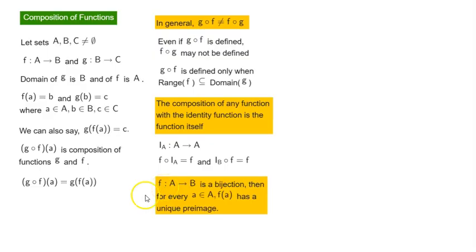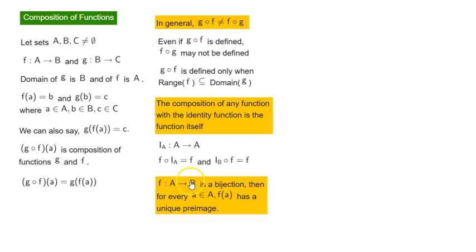Now if f maps A to B and is a bijection, then for every a in A, f of a has a unique preimage. f of a is nothing but b, that is an element in B. So if f from A to B is a bijection, then remember it is one to one and onto.